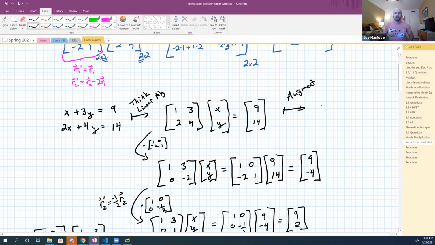Have you guys seen augmented matrices before? They're sometimes covered in algebra. They don't tell you why it works, but here's the gist of it. Put your matrix on the left-hand side, and then instead of putting another one of these, put a vertical bar, and then put the vector that belongs on the other side of the equation.